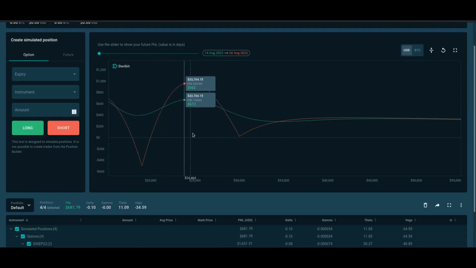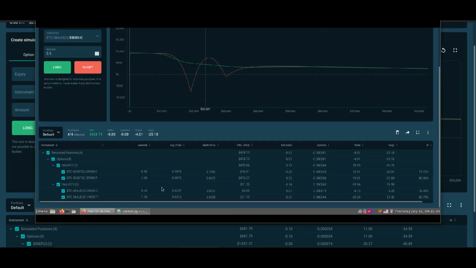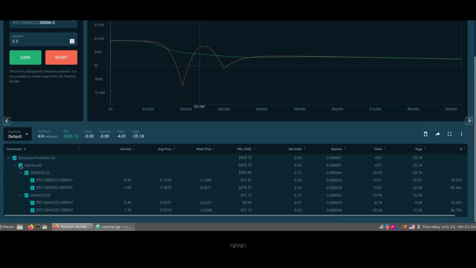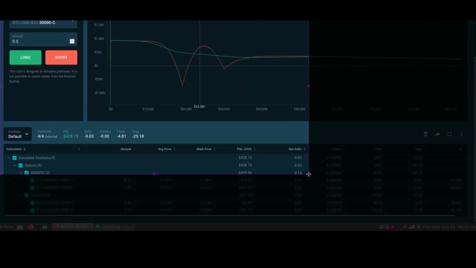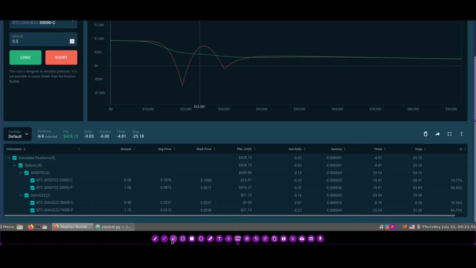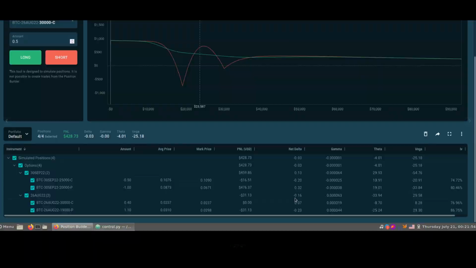I made a diagonal calendar on the 21st of July. So here is how my position looks. We can see that this is Thursday, July 21st, and I created this position.